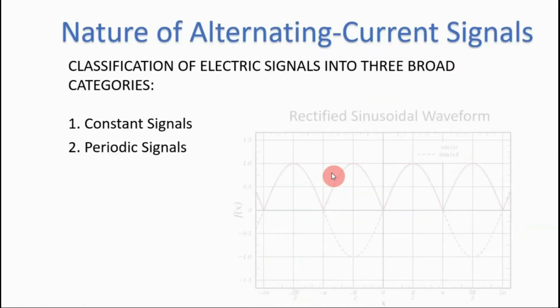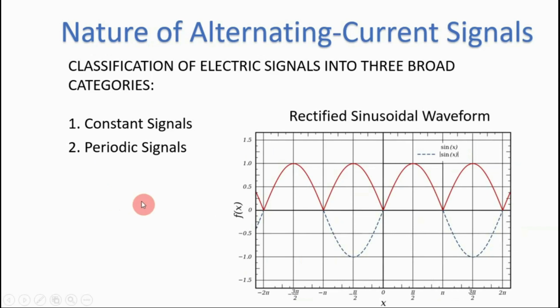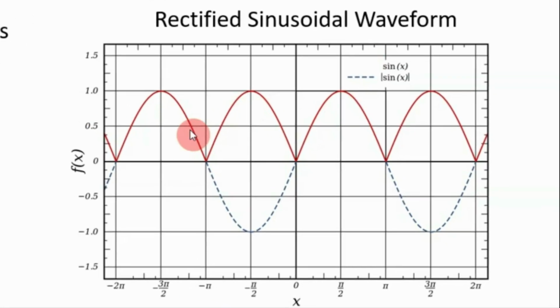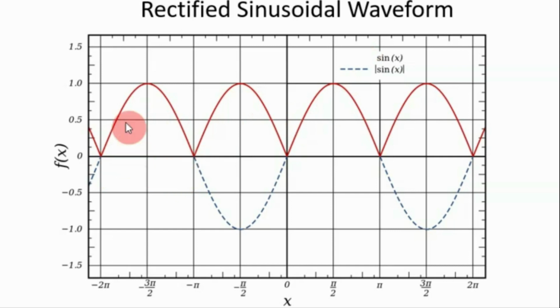Okay. Another typical example of a periodic signal is the rectified sinusoidal waveform. You'll notice here that only the positive cycle is repeating on each period instead of going to the negative cycle. It goes up by the introduction of our electronic devices.